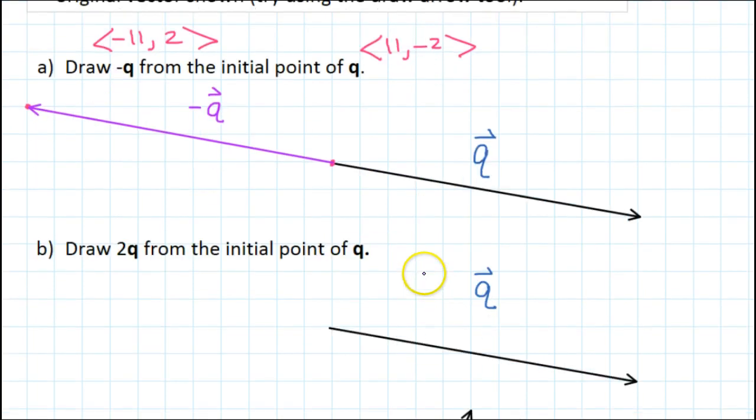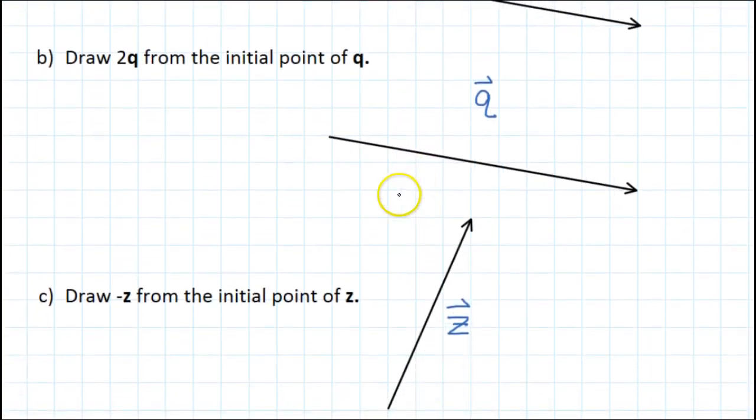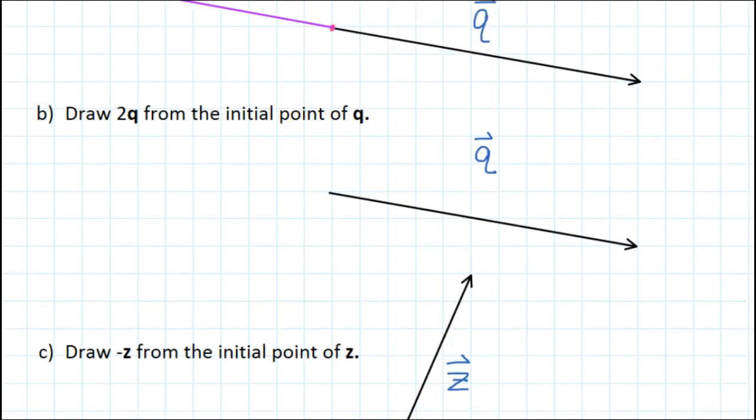All right, then for part B, we have the vector 2q. So once again, if vector q was 11 comma negative 2, then 2q is going to be 22 comma negative 4.